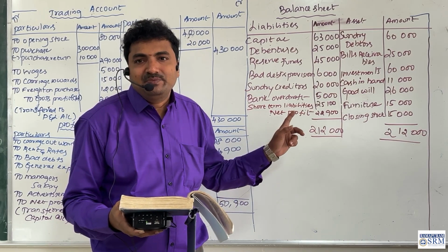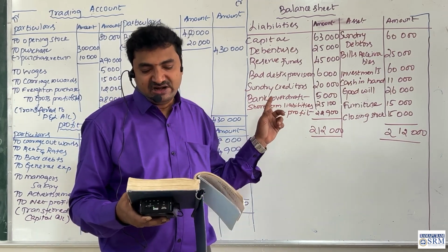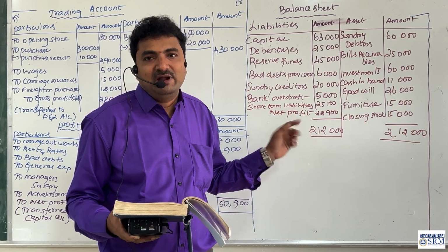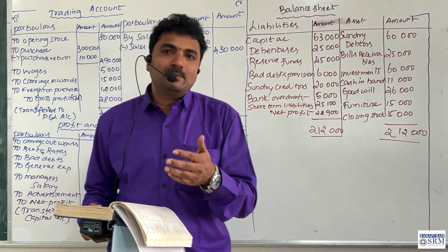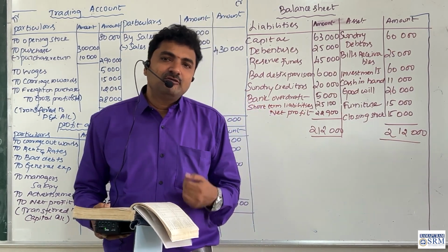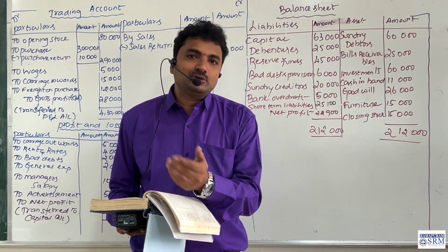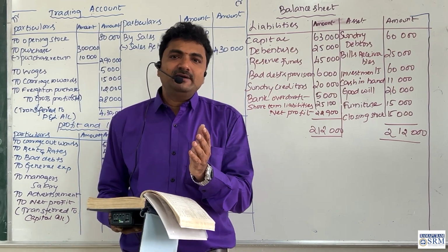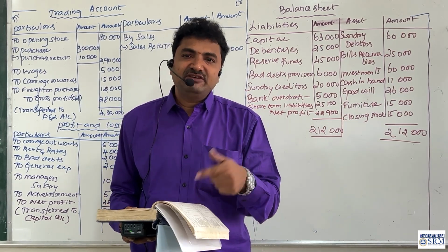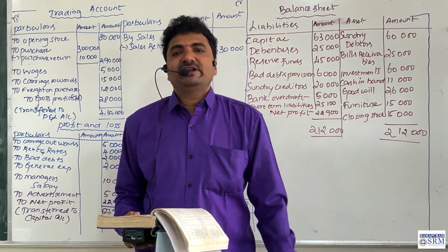Then sundry creditors. Sundry creditors come under short term liability. For example, your company is a manufacturing company manufacturing sugar. The major raw material is sugar cane. You have two regular suppliers, and each month they supply the raw materials.